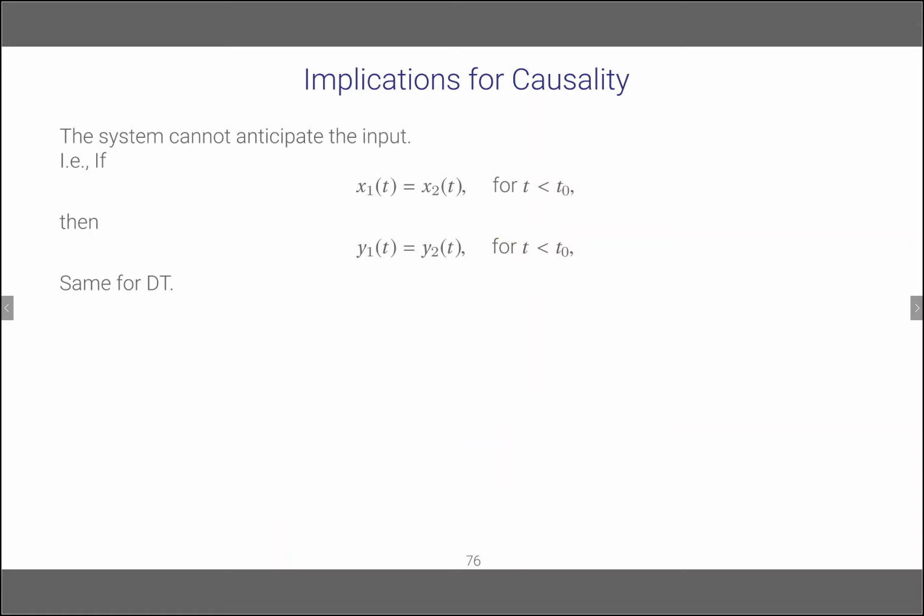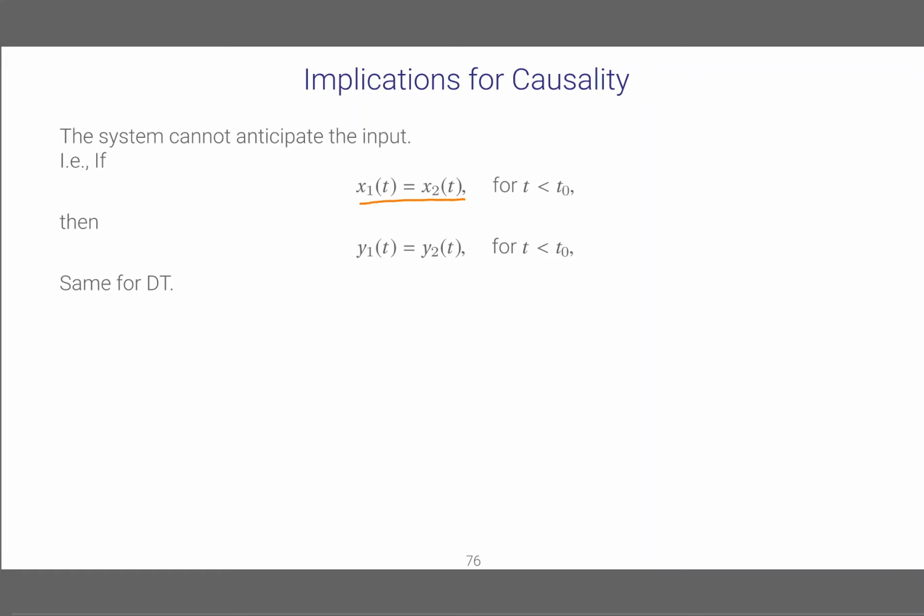Now the implications of causality: the system cannot anticipate the input. Consider x1(t) and x2(t) that are equal up until t0. If we draw this, this is x1(t) and x2(t) I will draw with a dotted line. They are equal, so I will draw it underneath. After t0, they can change. So this is x2(t) and this is x1(t).